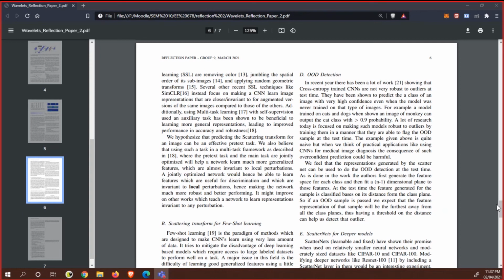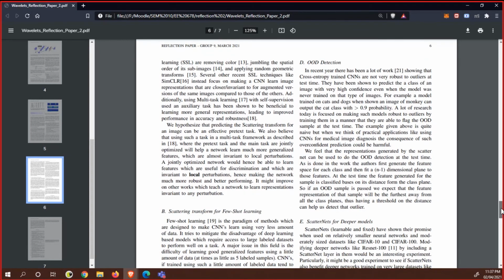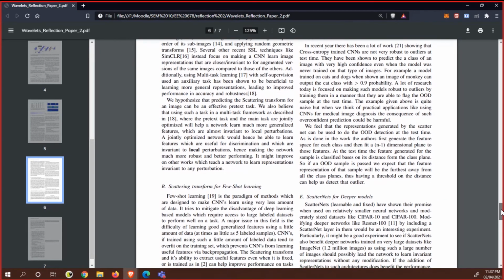Such observations have been made for other self-supervised tasks and other multitask optimizations also. But the strong property of invariance for the scattering transform will, I think, make it a better choice than other self-supervised tasks for this purpose.